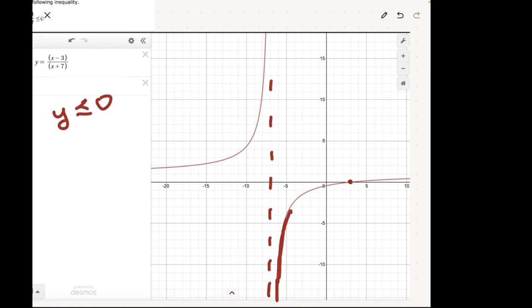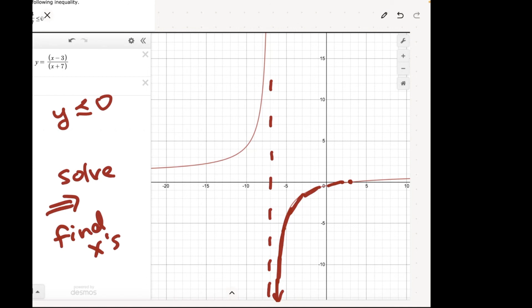So I'm looking at this part of the graph, but the word solve tells us that I am finding the x values that cause that to happen. -7 itself does not work, but the numbers really close to -7 work, infinitely close, all the way up through 3. So again, my solution to that inequality is parenthesis -7, comma 3 bracket.